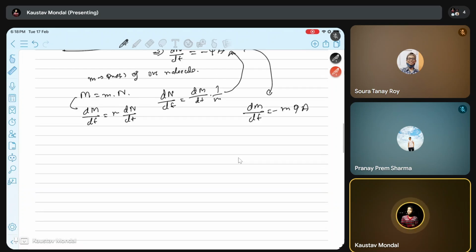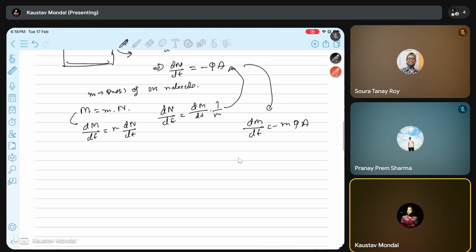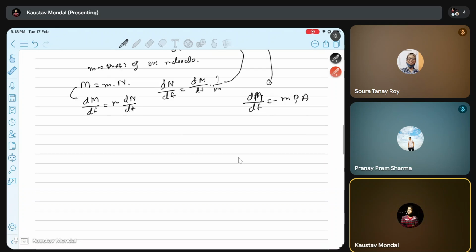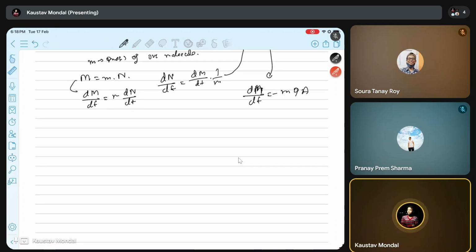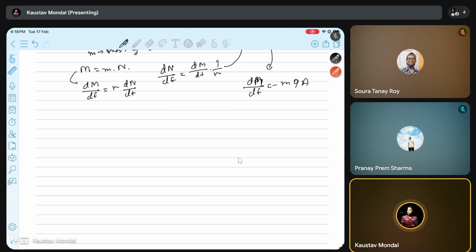Similarly, let's suppose you want to write it in terms of volume. Here the small m is the mass of one molecule and capital M is the mass of the total gas. For volume you need the number density, which is the number of molecules per unit volume, n by v.